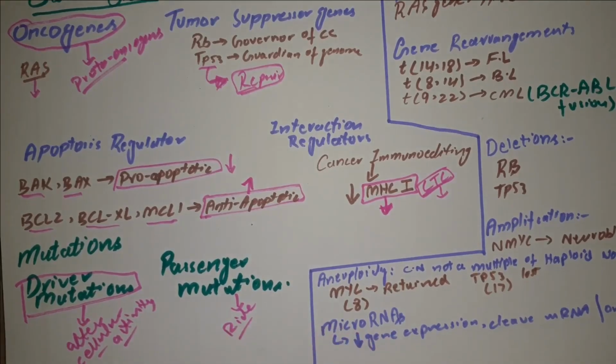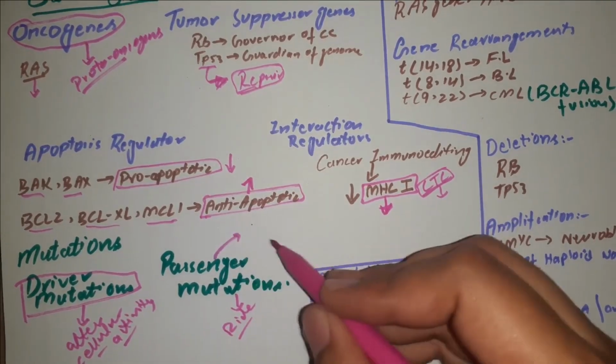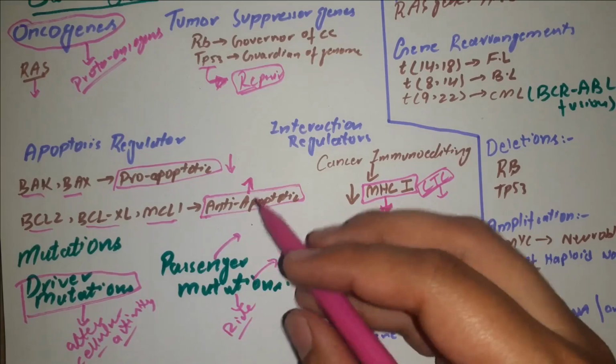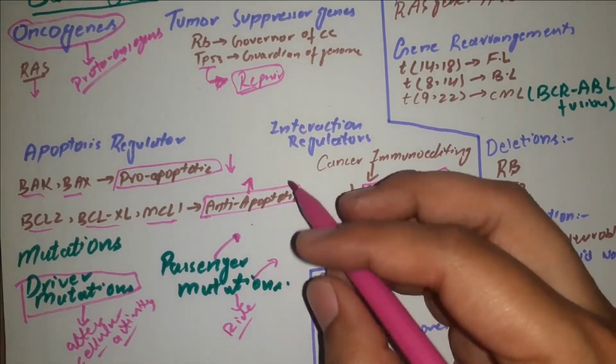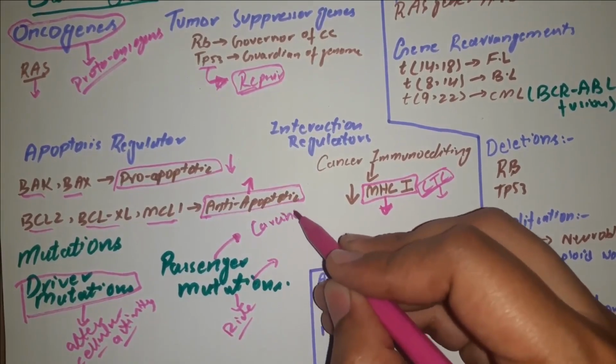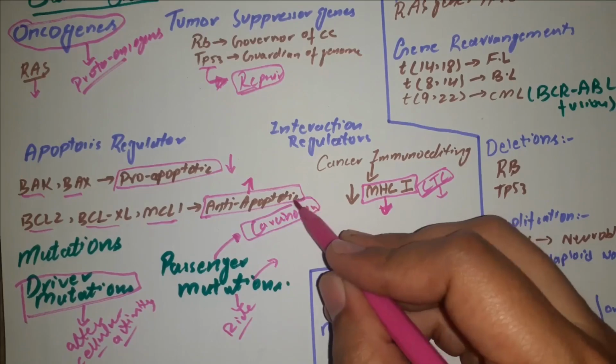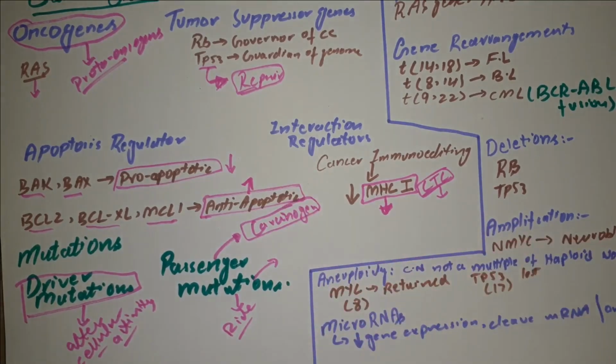So what is the importance of passenger mutations? They basically help us in two ways. In one way, we know that carcinogens are the agents which lead to genetic damage. So if we suspect that a particular carcinogen is causing DNA damage or not, we identify the damage along different parts of the DNA sequence.